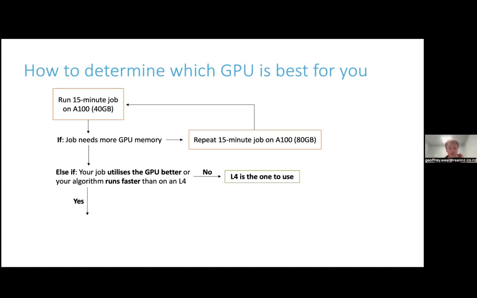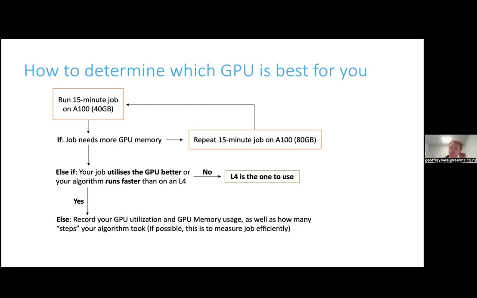However, if you found that your job did run faster on the A100, or it was utilized better on the A100, then you want to keep going through this flow diagram to figure out if the A100 is for you or not.